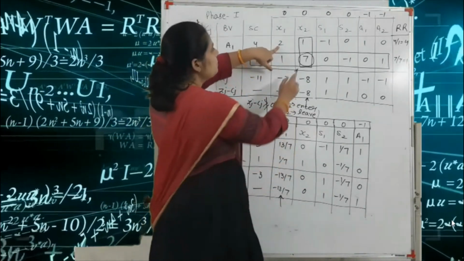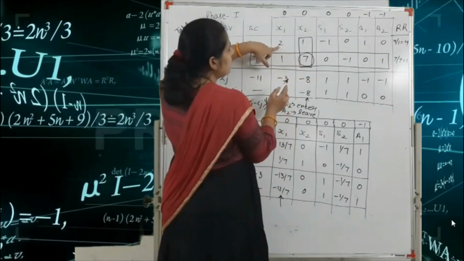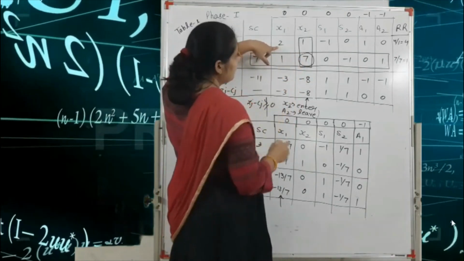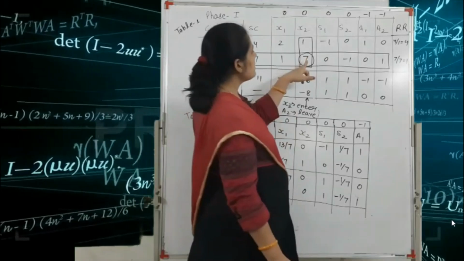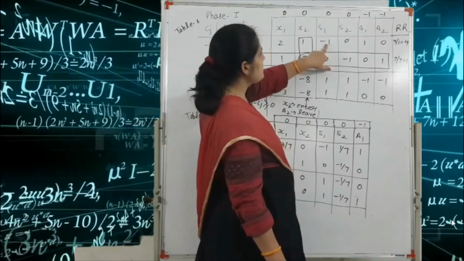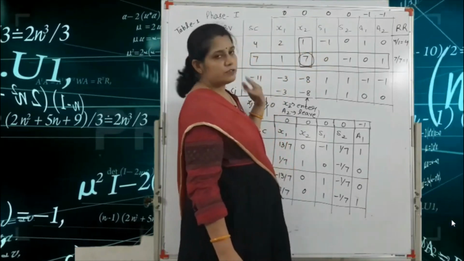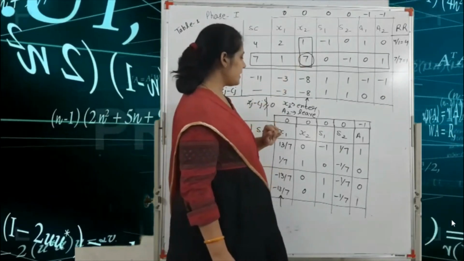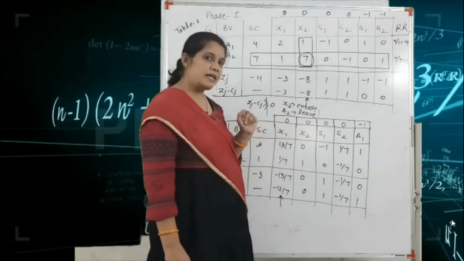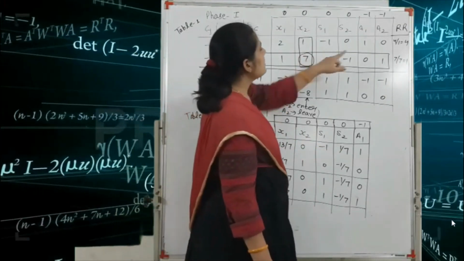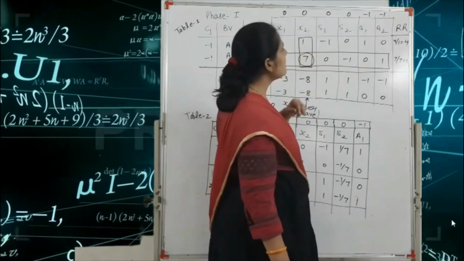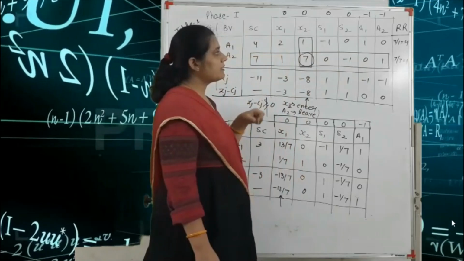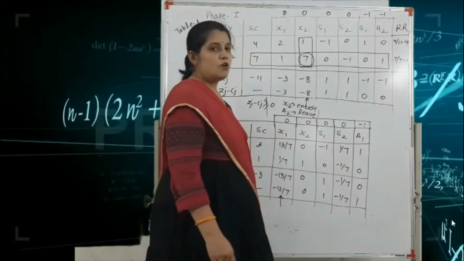Next one is 7 into 2, 14 minus 1, that means 13 divided by 7. Next one is 7 into minus 1, that means minus 7. 1 into 0, that means 0. So minus 7 divided by 7, so we write here the minus 1. Okay. 7 into 1, that means 7, and 1 into 0, that means 0. So divided by 7, so we write here the 1 value.